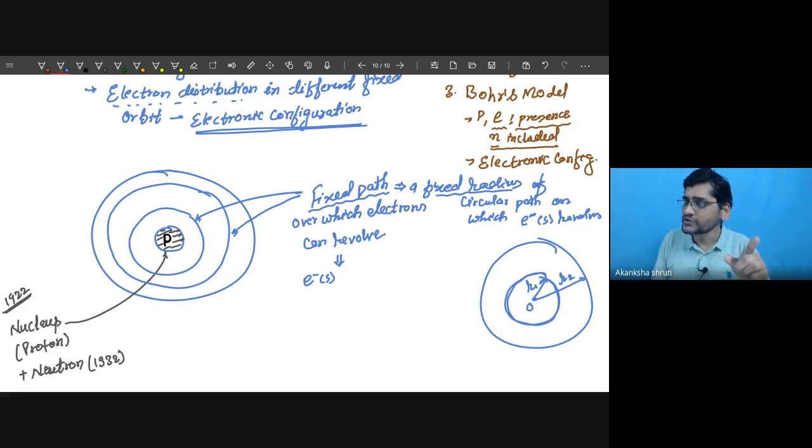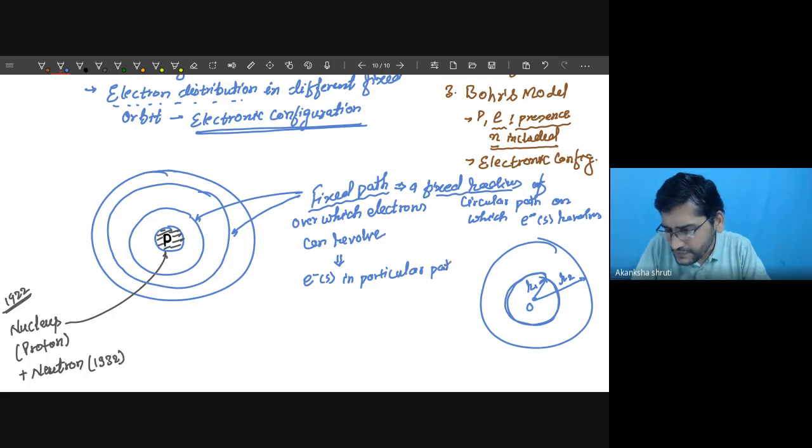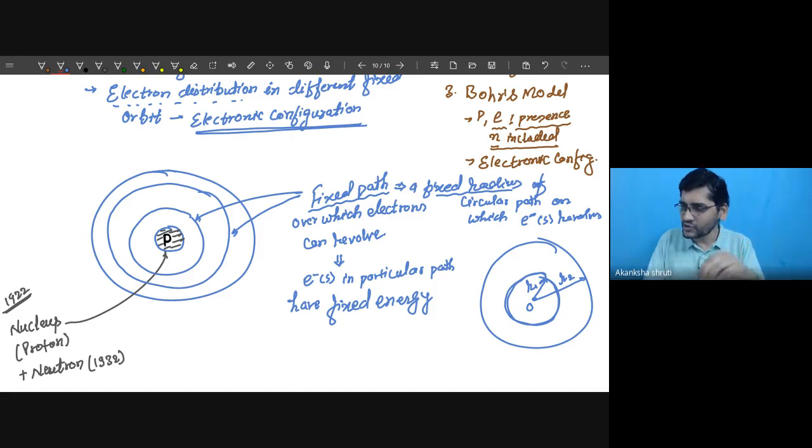They will not lose or gain energy in that particular path. This electron can neither lose nor gain energy as long as it is moving over this path. So their energy is fixed.